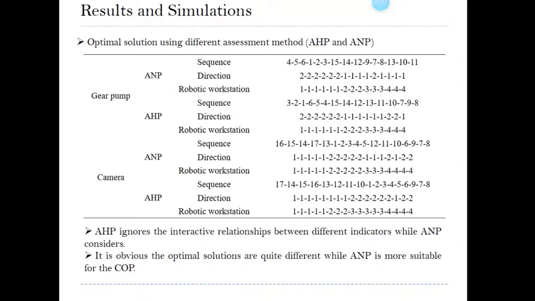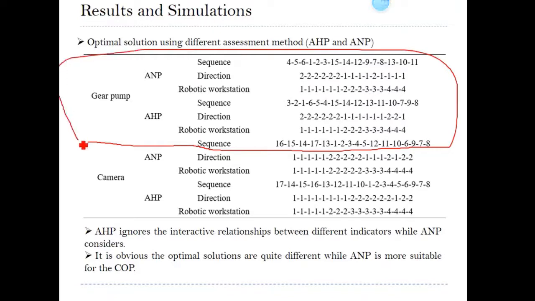Because the ANP considers the interactive relationship between different indicators, if we use the AHP, which is the analytic hierarchy process, to assign the weights for different indicators, we can get totally different optimal solutions using different weight assignment methods.